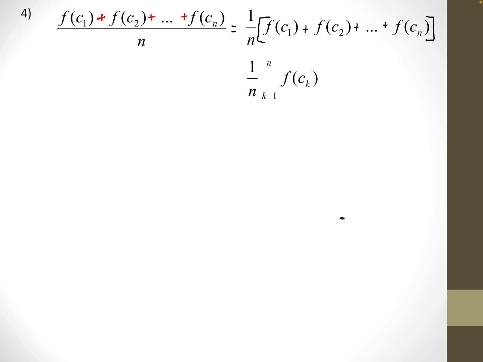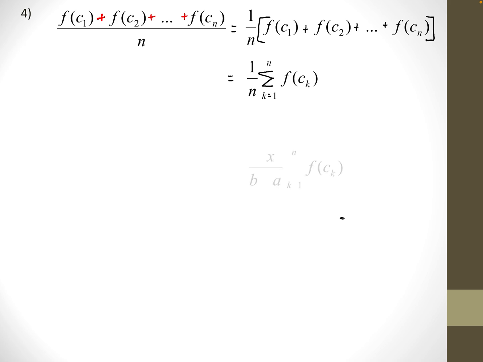Now, using the same notation we were using before, this adds up to, we can write it as sigma notation going from k equals 1 to n of f at ck. And all we're saying is use the sigma notation to add up all these different y values that we found in each section. And this is really starting to look like Riemann sums here.